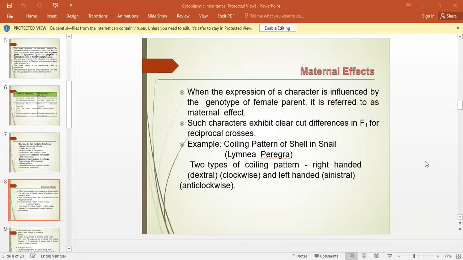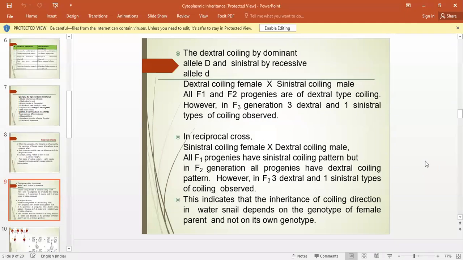Okay, next. Yes, so dextral coiling is always dominant. It is denoted by the allele capital D, and its recessive form, sinistral, is denoted by the small letter d.